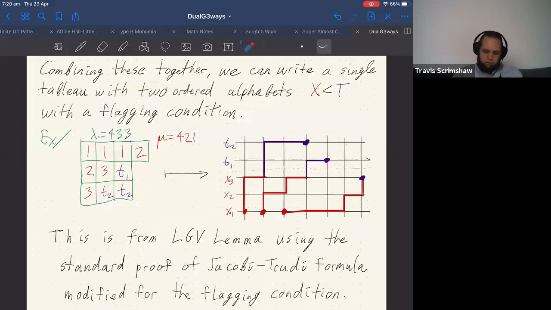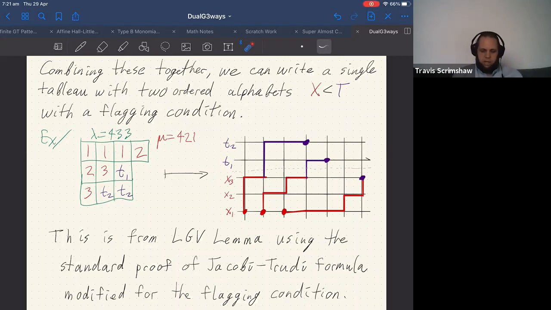And so the skew shape of lambda mod mu are these 3 boxes out here. And I can simply attach them to the semi-standard Young tableau and build a bigger semi-standard Young tableau. But now I'm going to have 2 alphabets, one for x and one for t. And there's still that flagging condition out there, but it's only in terms of the t variables.